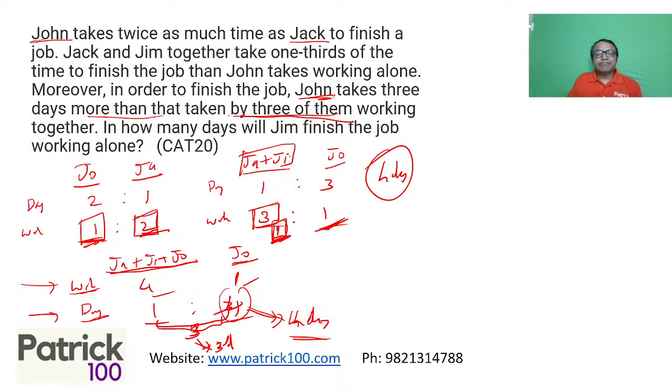But John and Jim do the same amount of work, so they will take the same number of days, which is 4 days. Looks complicated, but if you're used to the method, you should be able to do it fast. Not forming any equation, not forming anything. I know it is a three variable problem. If you use the traditional method, it will take you a much longer time than the ratio method.